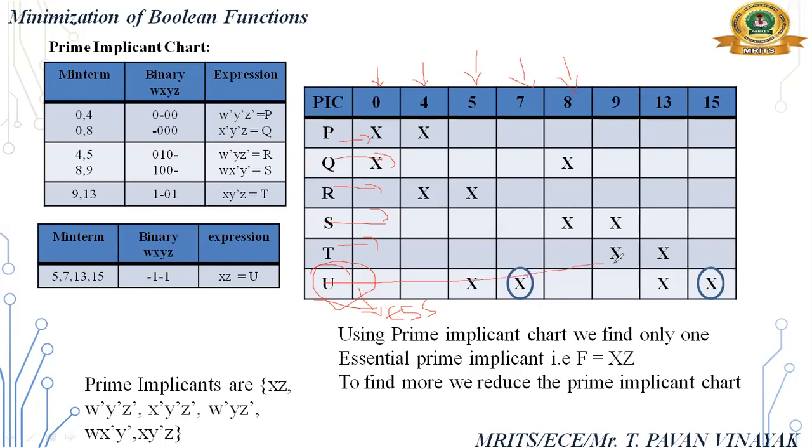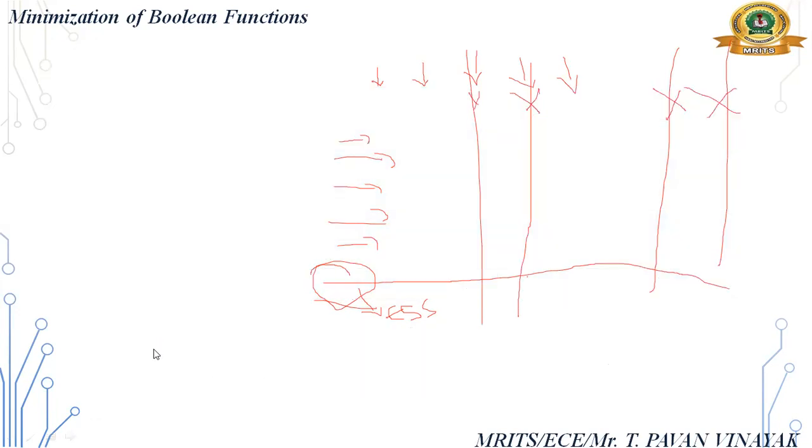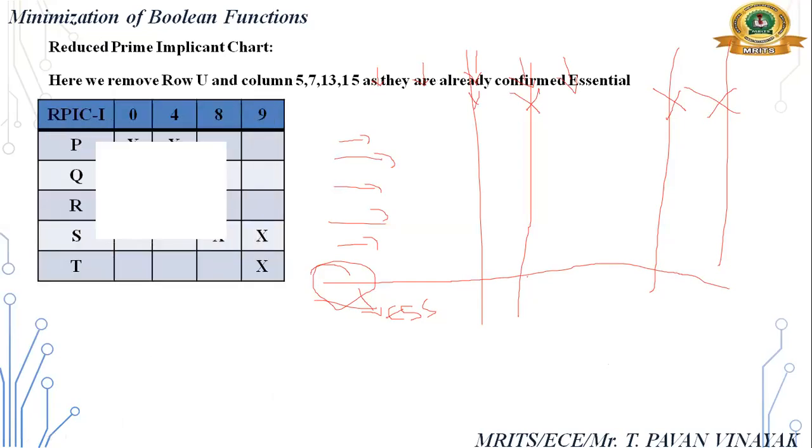If you remove this row, which columns will get affected? 5, 7, 13, 15. Remove those columns also. Then you get the reduced chart.